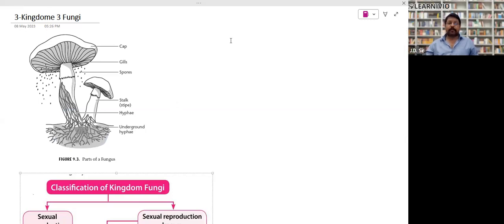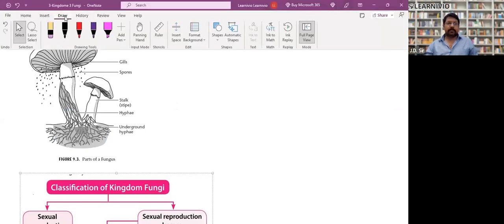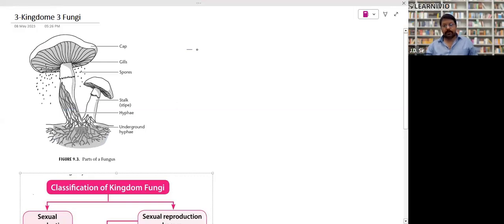Look. So this is a single hair-like structure, right? So this body is made up of these hair-like structures.